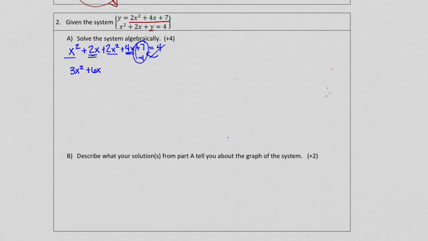If I subtracted, it looks like I'm going to get a positive 3. And now it equals 0 because I subtracted that 4. Okay, well, I can do something with this. Everything's a multiple of 3, so let's make it smaller and easier to deal with. I'm going to divide by 3, and then I end up with x squared plus 2x plus 1.